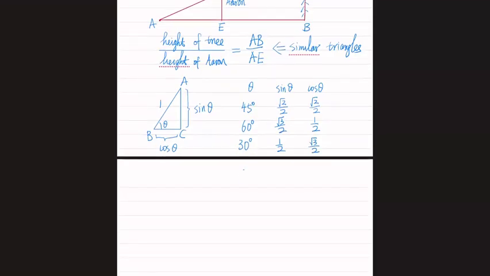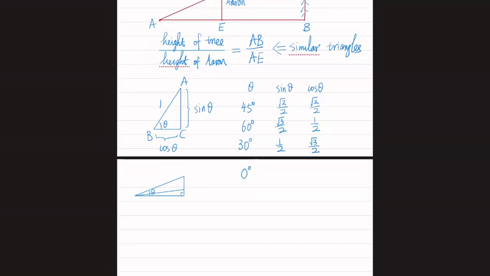If this is 0 degrees, then it's a 0 and 1, so we will consider a limit case. When this angle becomes smaller and smaller, you can see sine theta becomes smaller and smaller, eventually going to 0.